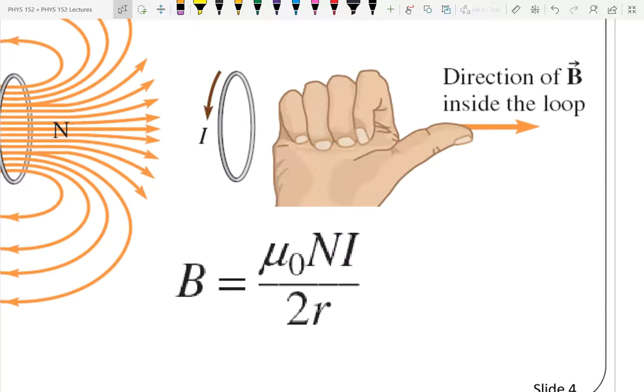And so I just take my right hand and wrap my fingers in that direction. And my thumb is pointing away from you toward me. That's the direction of the magnetic field inside the loop. It perfectly agrees with what I got when I went like this all the way around. So that right hand rule: wrap the fingers of your right hand in the direction the current is traveling in the loop, and then your thumb points the direction of the induced magnetic field in the center of the loop.